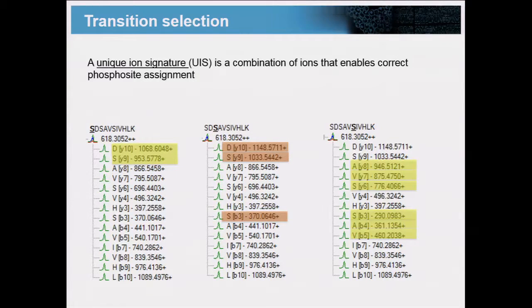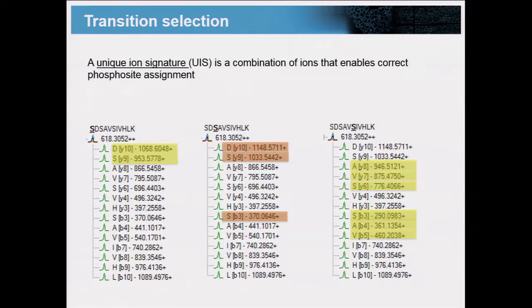So sometimes we can use site-determining ions, so that would be, let's say, 1, 2, or 3 ions that are unique. Sometimes we don't have a site-determining ion, but we have a combination of ions that is unique to one site assignment. So we need to look through these transition lists and find the correct ion or combination of ions that enables us correct site assignment.